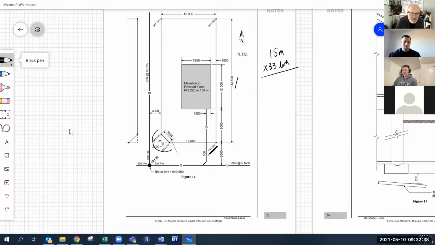Take out this triangle down here. That is correct. So this triangle down here at the bottom says that it is 2.4 by 2.4. Area of a triangle is base times height divided by 2.